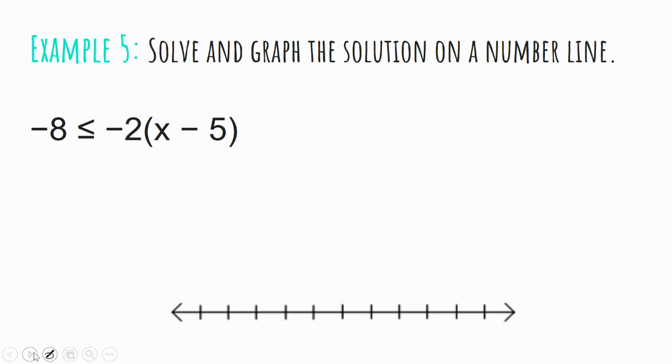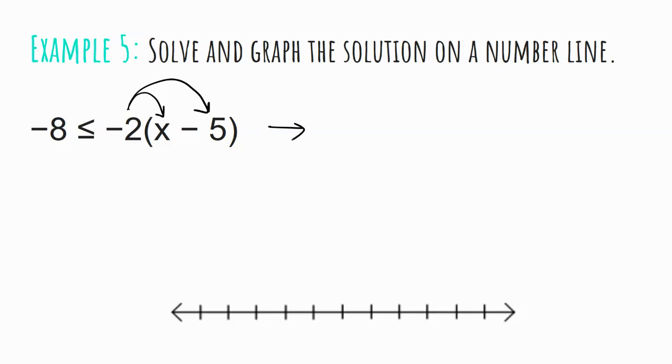Okay, last example. So this one's a little tricky again. It's got one more extra step that we need to be careful of. Now remember, whenever we are simplifying expressions or solving equations and you see something like this, where you have a negative 2 outside of a binomial, or what we call the quantity x minus 5, you need to distribute the negative 2 through the parentheses, okay?